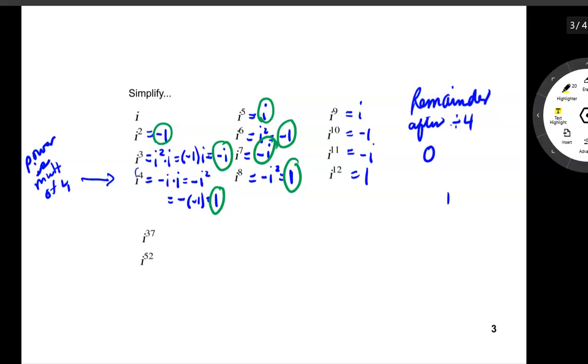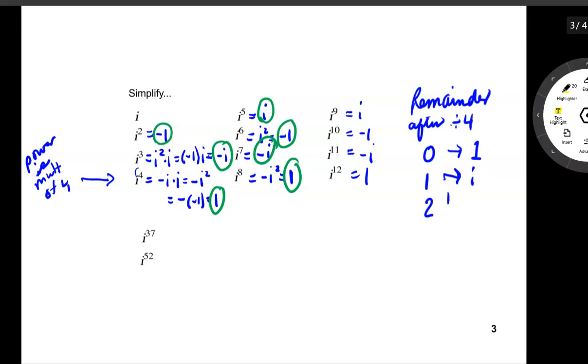If it's 0, that means it was divisible by 4, so it's going to be 1. And if the remainder is 1, the numbers up here that when you divide by 4 have a remainder of 1 are the 5 and the 9. And what are they? i.